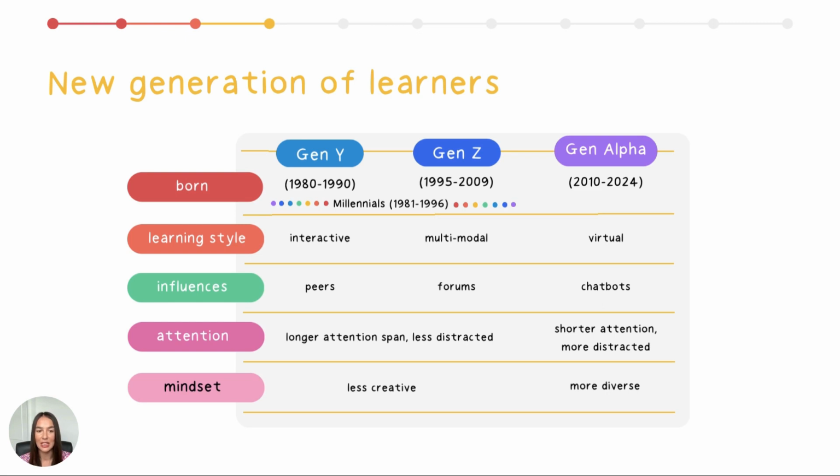And while the millennials have typically a longer attention span and are less distracted, Gen Alpha have a shorter attention span and are typically more distracted. And finally, millennials have been known to be less creative compared to Gen Alpha, who are more creative and typically have more diverse and inclusive mindsets.